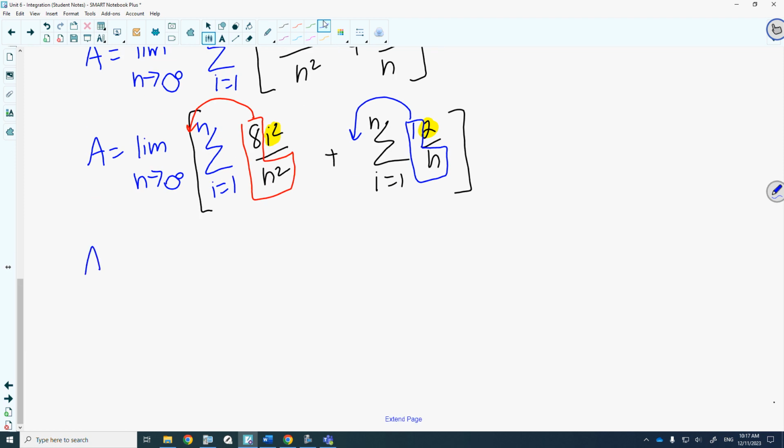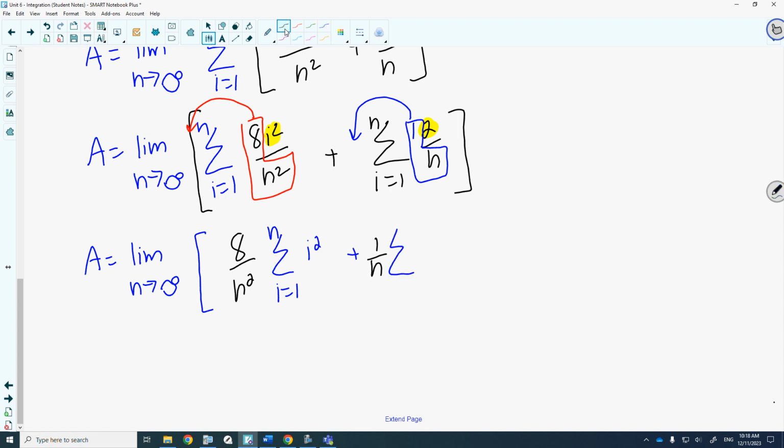So that's going to give me the area is equal to the limit as n approaches infinity of 8 over n squared multiplied by the sum of i squared plus 2. Okay, from here, we want to replace i squared with our formula for the sum of squares, and replace this with our formula for the sum of a constant.